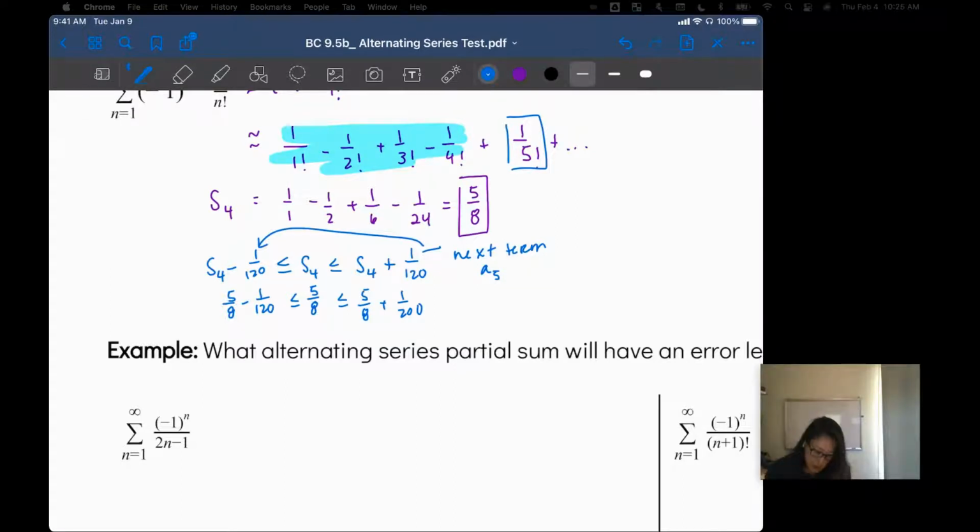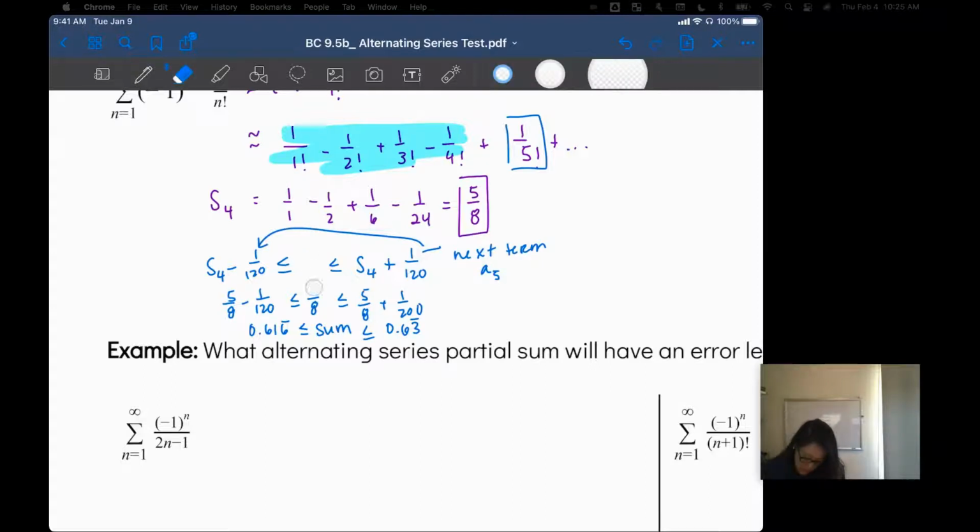Okay, so we get 0.616 repeating is less than or equal to the sum, which is less than or equal to 0.63. And you know what?